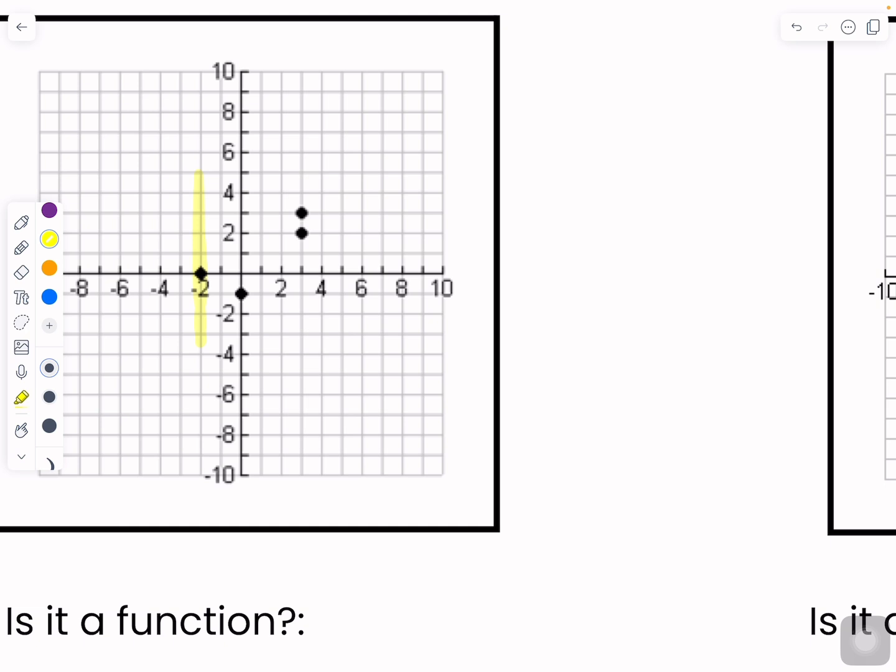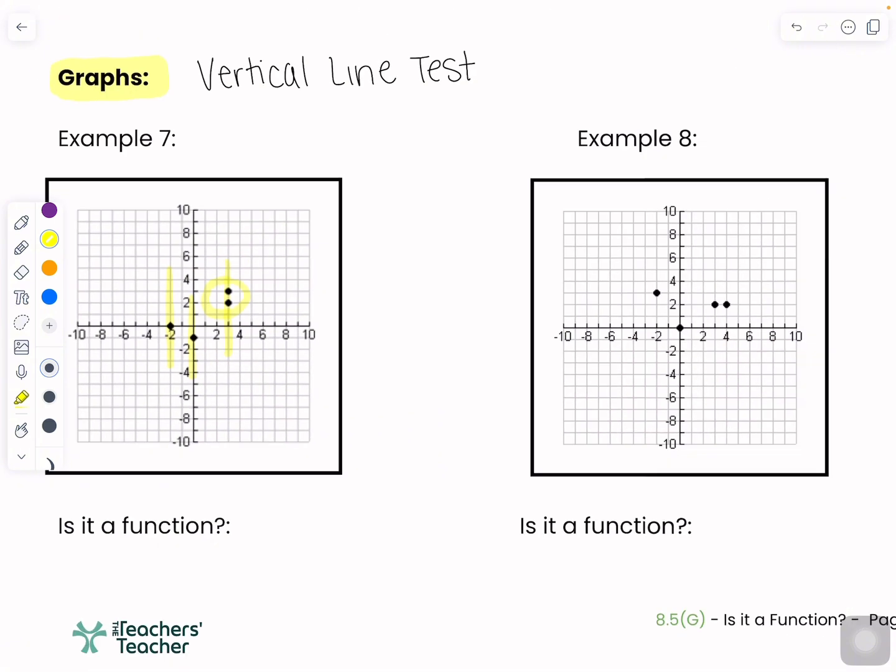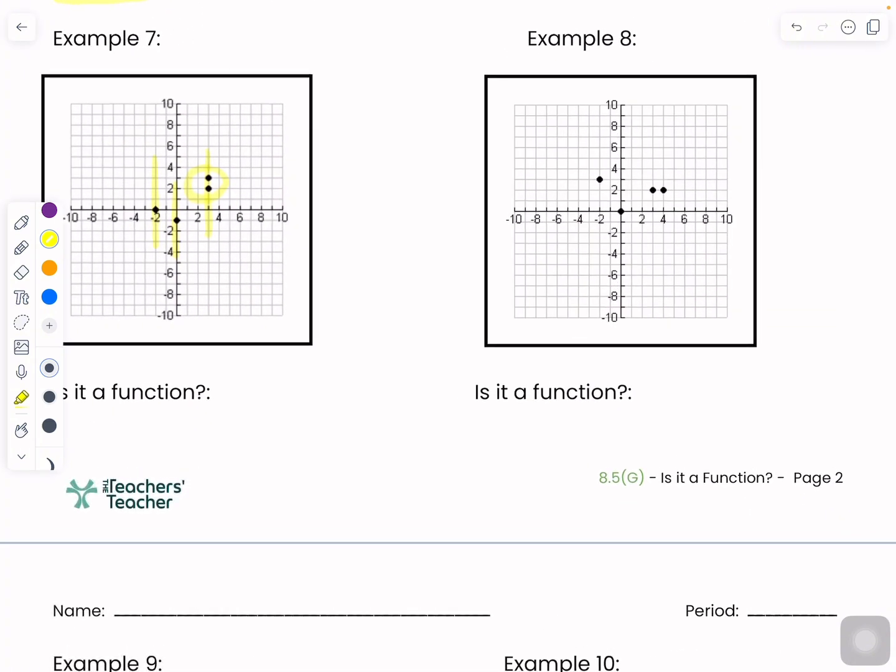When we look at our next x value, which is at 0, it also goes through one point. When we look at our next x value at 3, you will notice that it goes through 2 points. Therefore, example 7 does not represent a function.